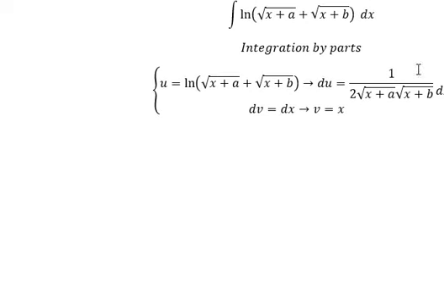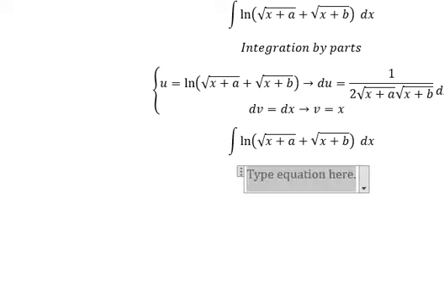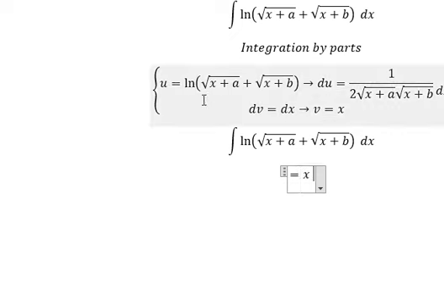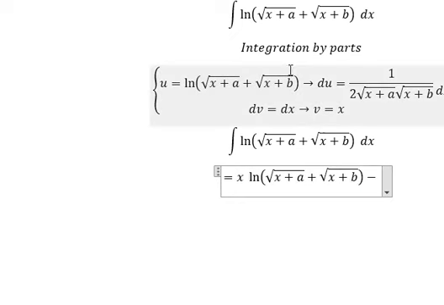Now for this one we have u multiplied by v minus the integral of v du.